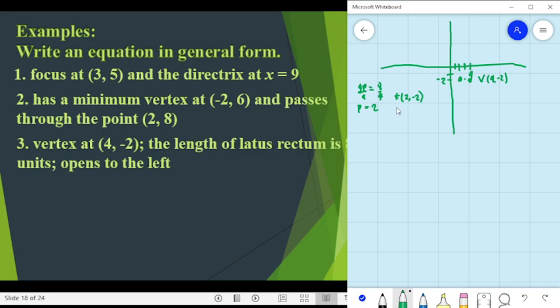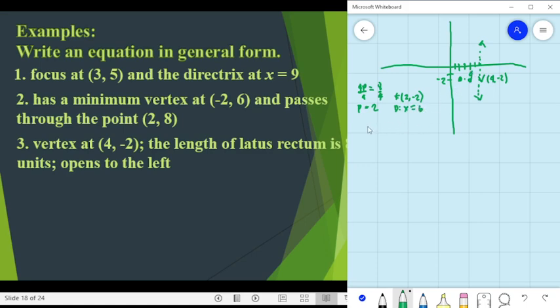Okay? And then, your directrix would be 2 units to the right. So 1, 2. So this is your directrix. Your directrix is x equals 6. Okay.